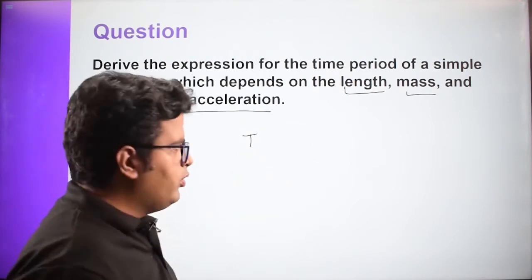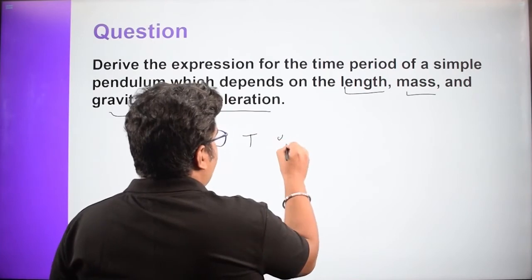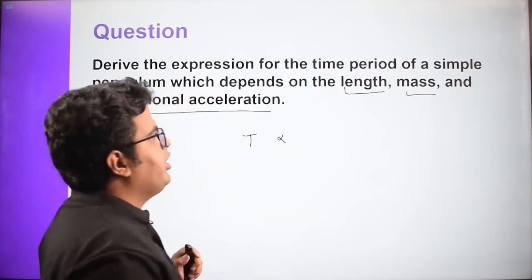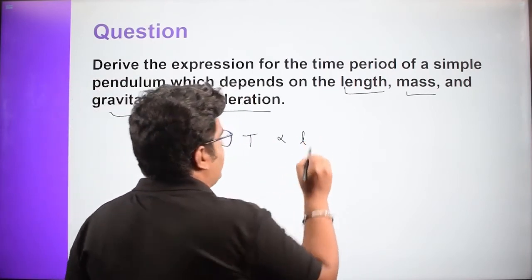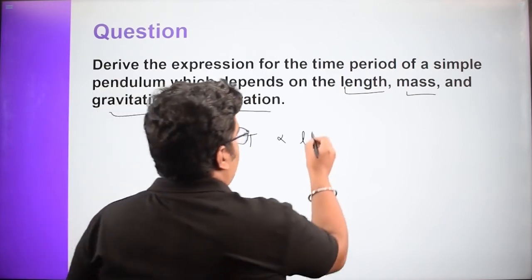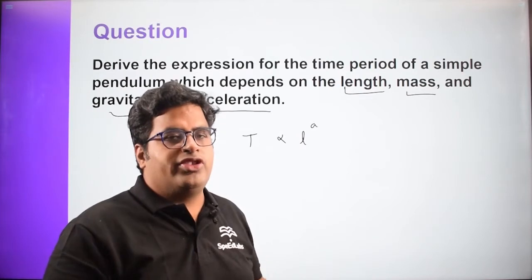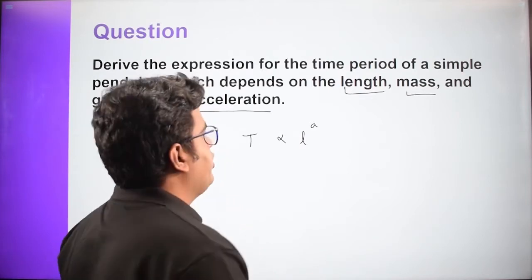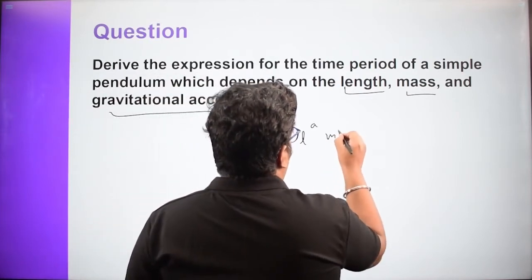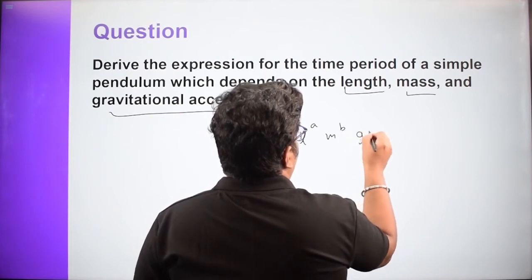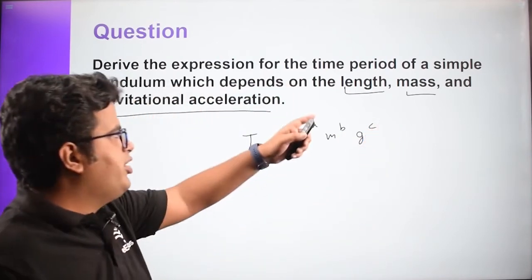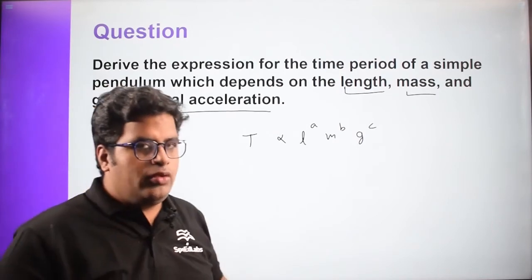So what we have to do, simply take time period, proportional sign, then length represented by L, raised to the power A, because we don't know whether it is a square or cube or simply a 1. So that's why we are taking L to the power A. Then we have M to the power B. And then we have G to the power C. Now this M is mass and G is acceleration due to gravity.